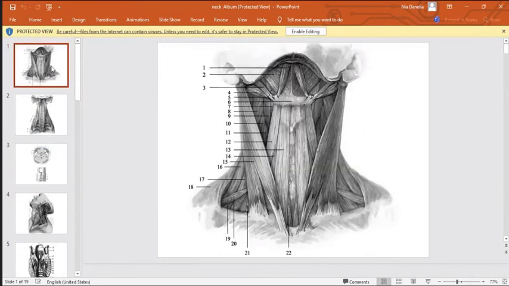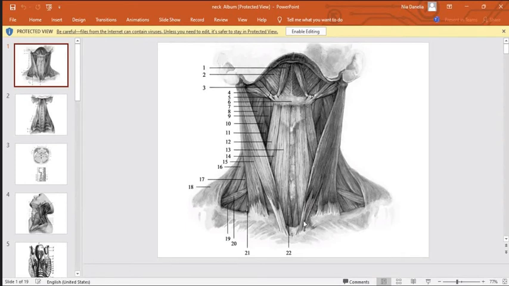The omotracheal triangle is located anteriorly below the hyoid bone. We have told that we have two omotracheal triangles. It is bounded laterally by the superior belly of the omohyoid muscle and the anterior border of the sternocleidomastoideus muscle, deeply by the trachea.